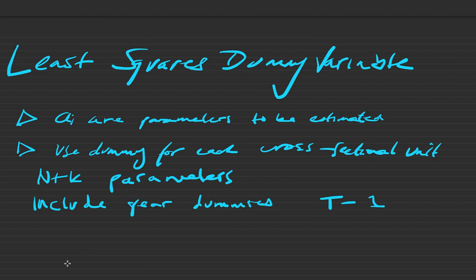So we'll include T minus 1 year dummies so that we actually have n plus k plus T minus 1 parameters. And then the least squares dummy variable estimator in the least squares dummy variable model is the following.